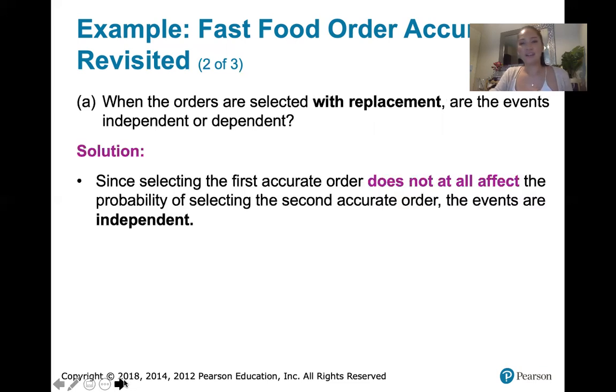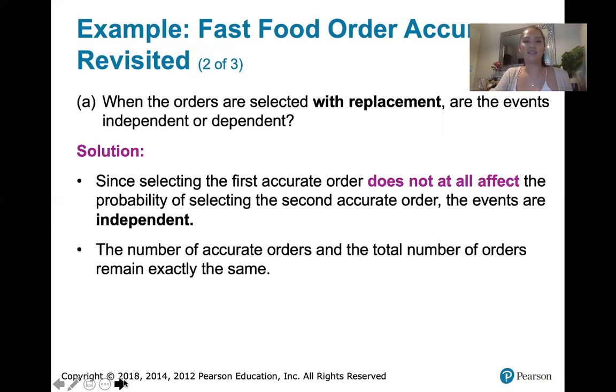Selecting that first order does not at all affect the probability of selecting the second order, so we say the events are independent. The total number of accurate orders and the total number of orders in our sample remain exactly the same.